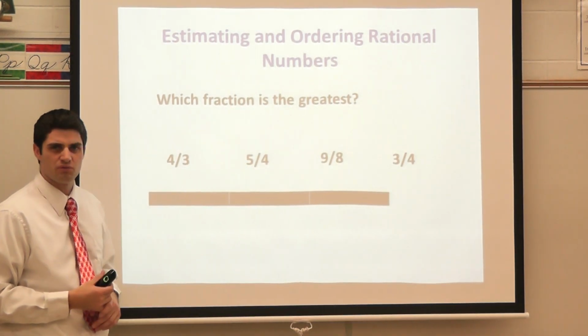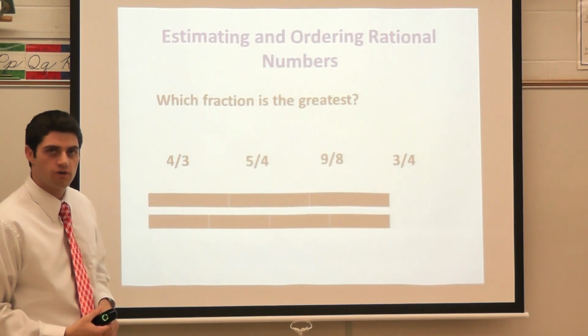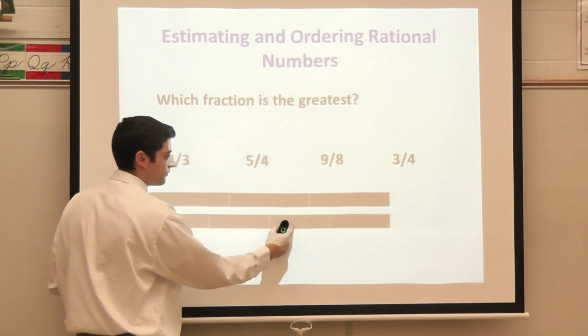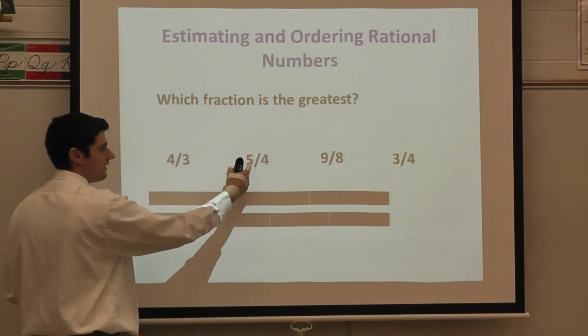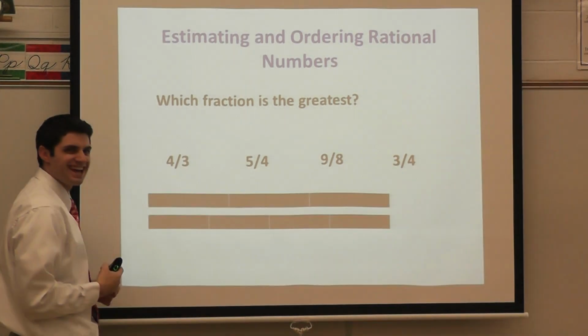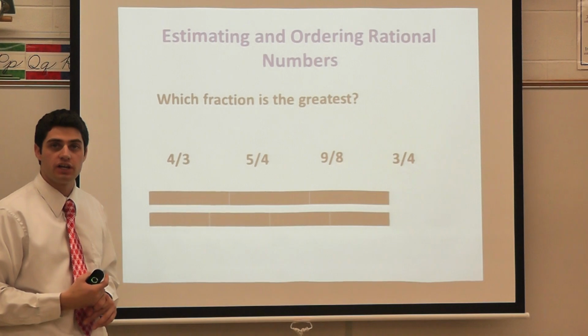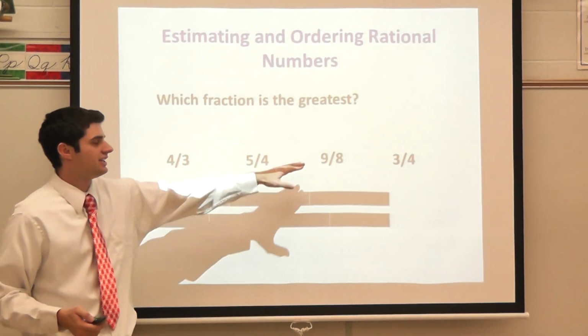Well, how can I do that with fourths? Ooh, you're right. I can break it up into 4 equal parts. So there's 1/4, 2/4, 3/4, 4/4, which is the entire whole piece, and then 5/4 would have been an extra piece added on. So I broke up my candy bar here into equal parts because I looked at my denominator. Now let's look at the 8s here.